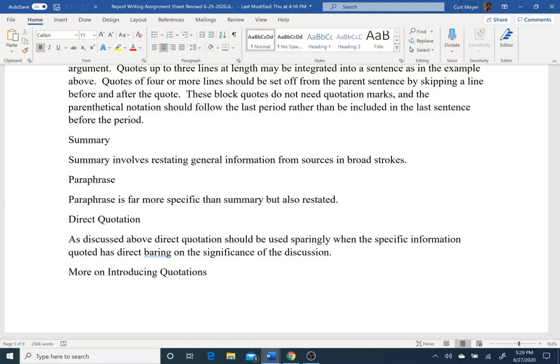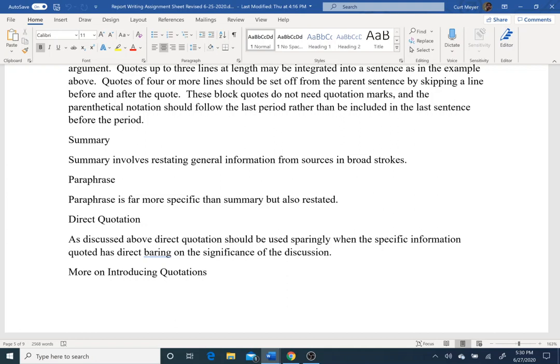And I don't mean just changing a few words around. Again, very much like the defining of terms I was talking about earlier, you restate what is stated. You restate the specific information using your own familiar terminology, right? And then direct quotation.